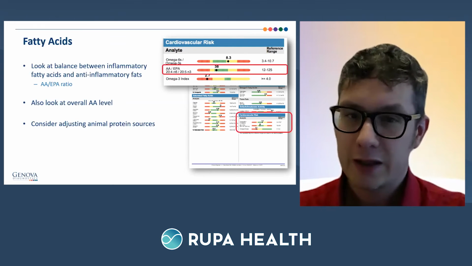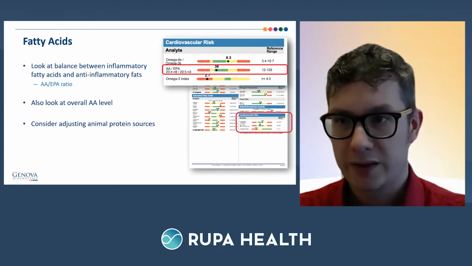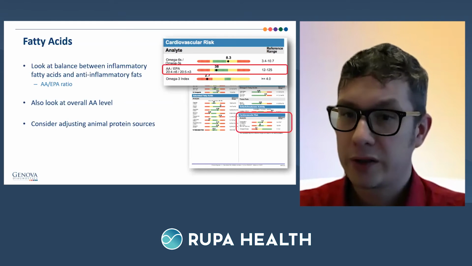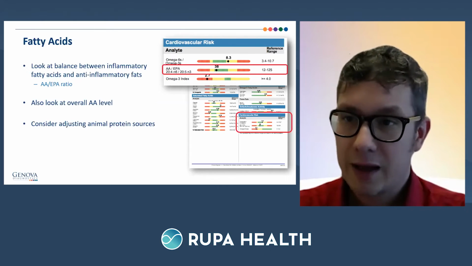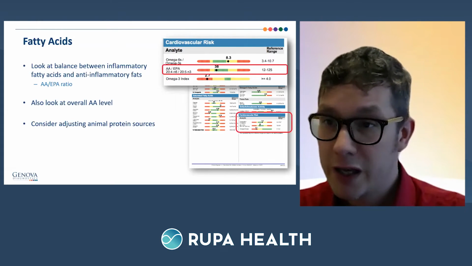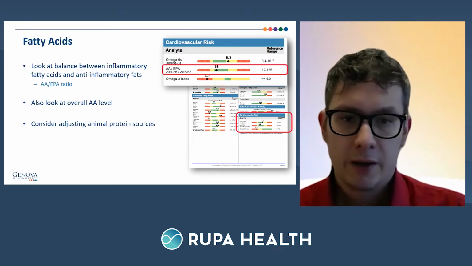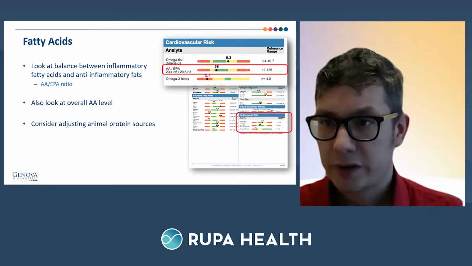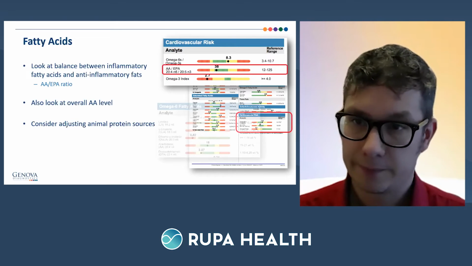But again, I think it's a great idea to make sure that there is a balance between some of these different types of fats, like arachidonic acid as compared to EPA, which is an omega-3 fat, right? Because that's going to help the system be able to create adequate inflammation when necessary, but not excessive. And you can alter that by adjusting animal protein sources or just overall, the types of fats that are coming in.